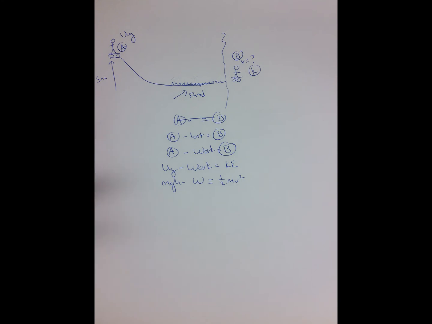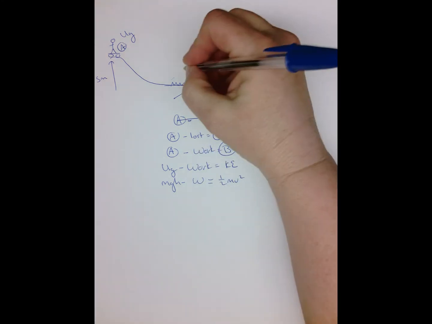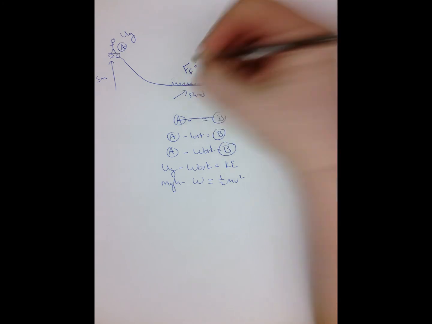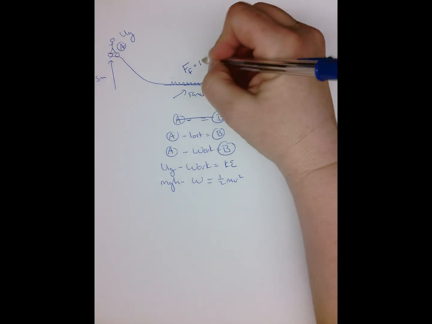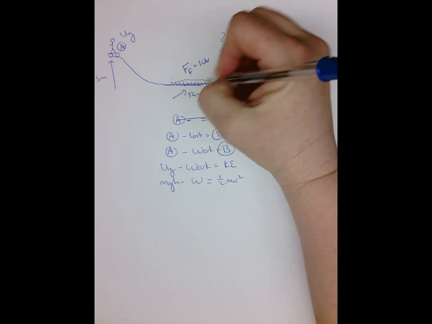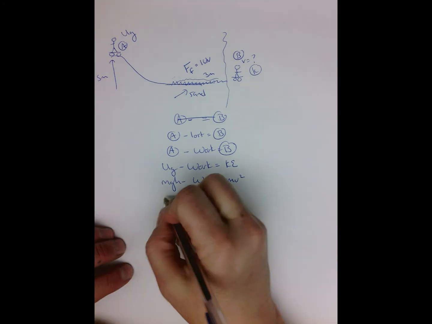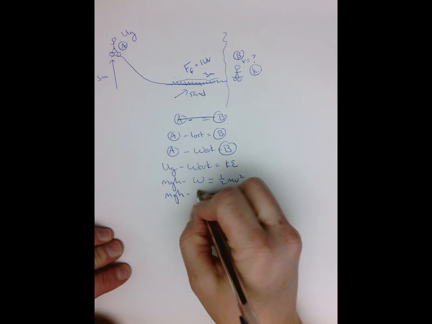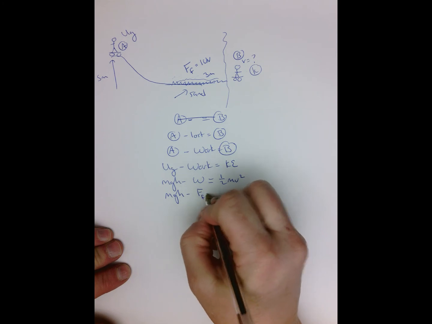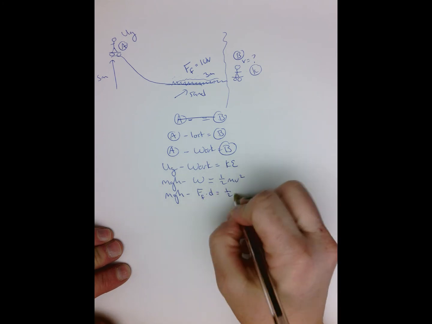So right now we don't have enough factual information to solve this, so we will say that the force of friction caused by this is 10 newtons, and it acts over 3 meters. So mgh minus the force of the friction times the distance it goes is 1/2 mv squared.